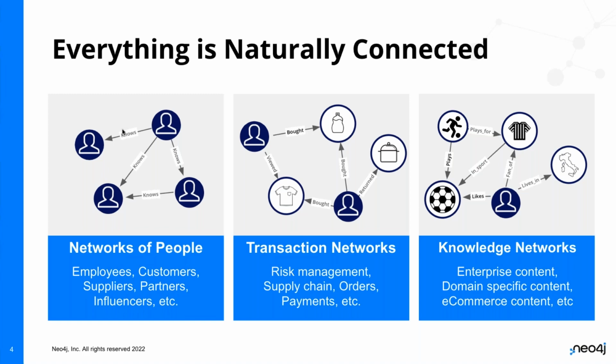When we look at a business or a company, it can be represented as a network of employees, customers in the same network, suppliers, partners, marketers or influencers, etc. And once you bring in the interactions of customers with that business, then you can think of transaction networks, like how a particular customer has interacted with the business, whether they simply browsed a few offerings on the website, or accessed a few items, bought some, looked at some, added some to the cart, and so on.